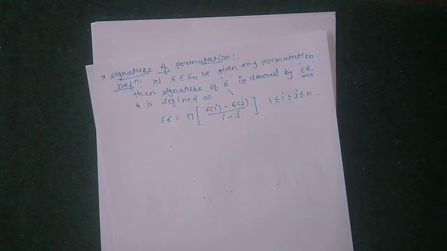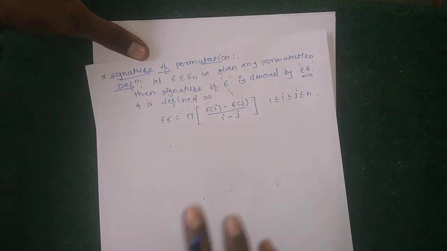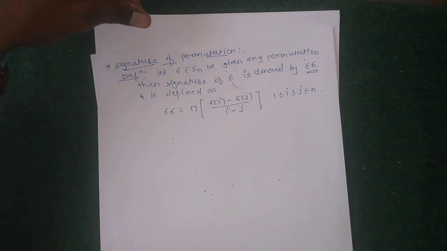This is the definition of the signature of a permutation.